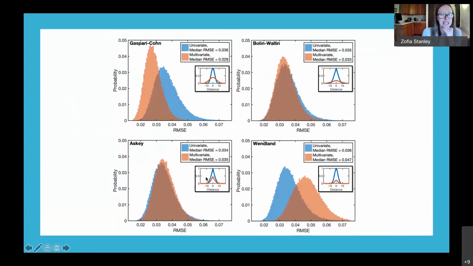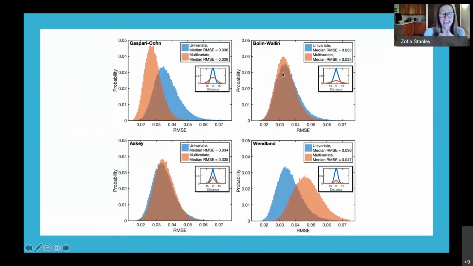And the first thing that we see is, for Gaspari-Cohn, the multivariate is doing better than univariate. For Bolin and Wallin and ASCII, multivariate and univariate are doing about the same. And for Wendland, the multivariate is actually doing worse than the univariate. So I'll just break this down a little bit.